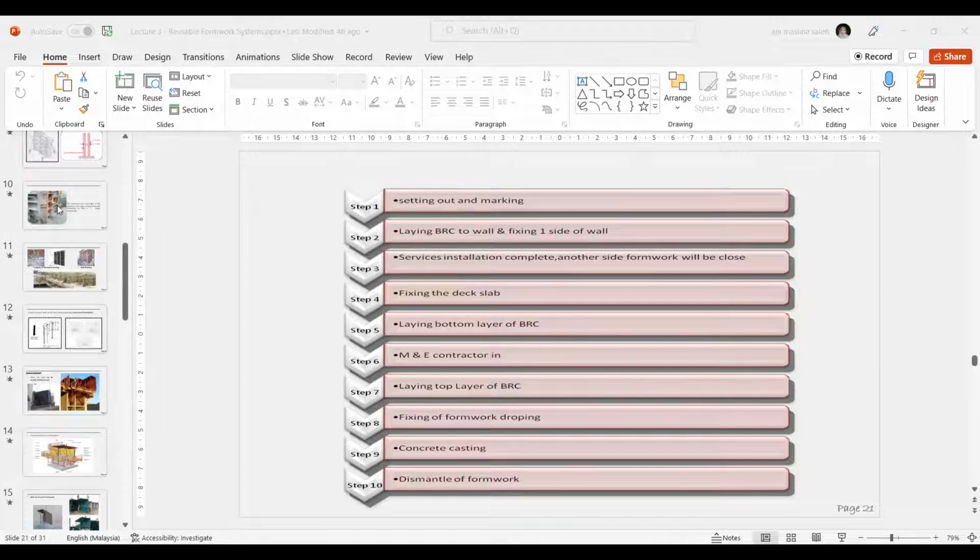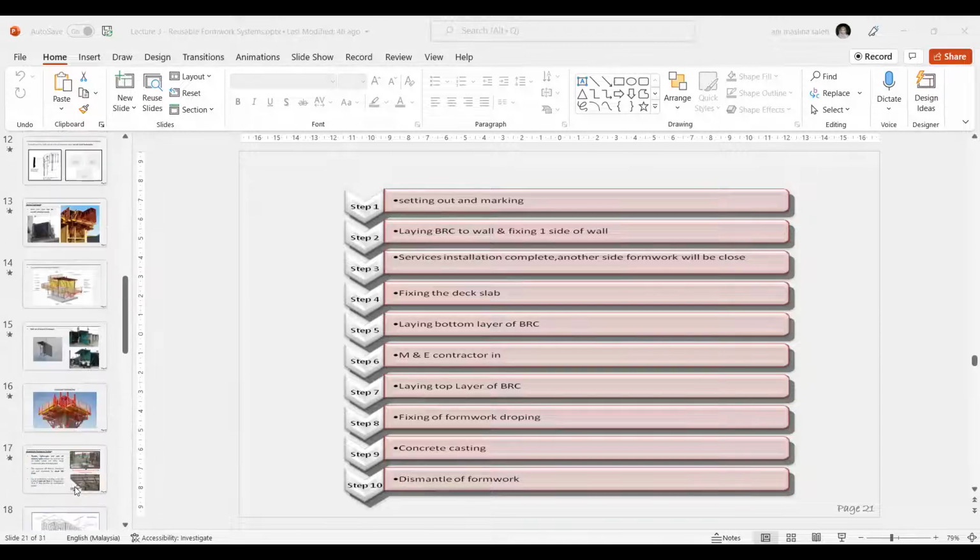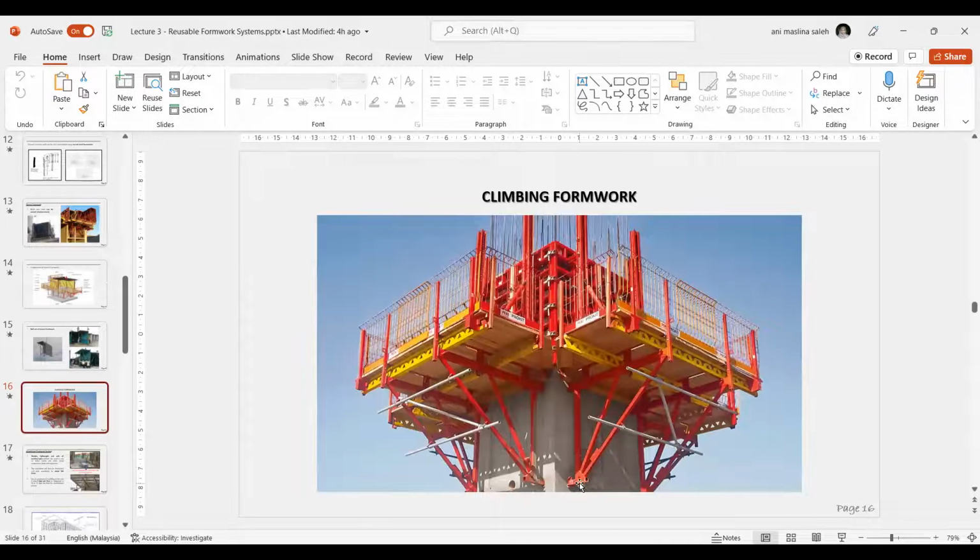But then that building they use the climbing system. If you look at the climbing system for the formwork here. Okay, tengok. If you look at the first layer, the construction of the climbing formwork, the first one they do a normal using the wall system, but then after you start the first wall, they fix the support point for the climbing formwork.